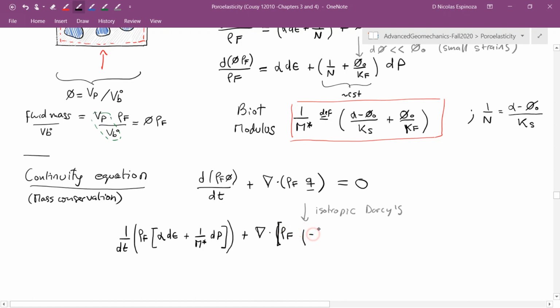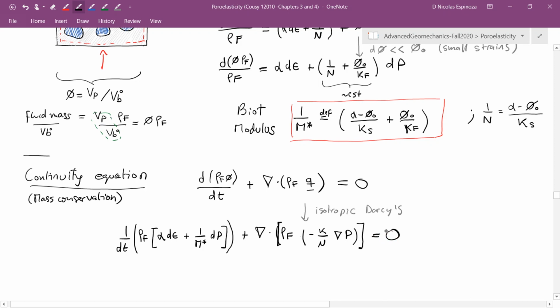This is going to be negative k, where k in this case is permeability. Don't be confused with the bulk modulus. This is a little k. And this is going to be multiplied times the gradient of pore pressure. That is basically Darcy's equation. And all of this is going to be equal to 0.